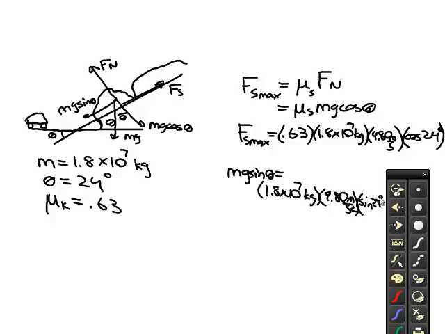And the claim, by the problem, is that it's not big enough. So 1.8 times 10 to the 7 times 9.8 times the sine of 24 degrees yields a whopping, okay, I've got 7.17 times 10 to the 7th.